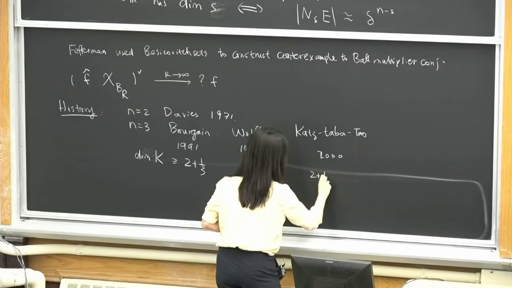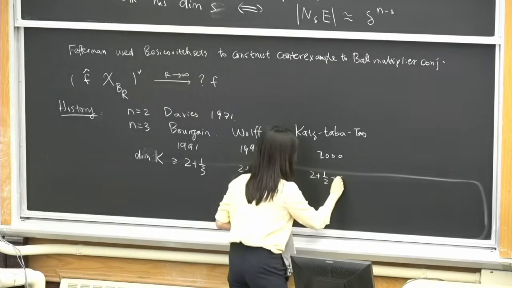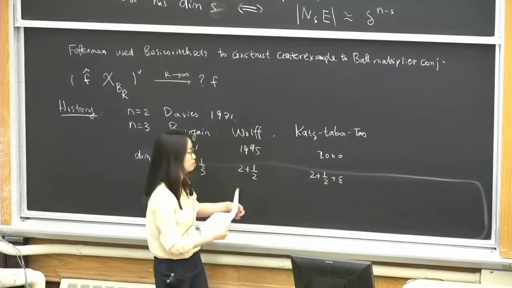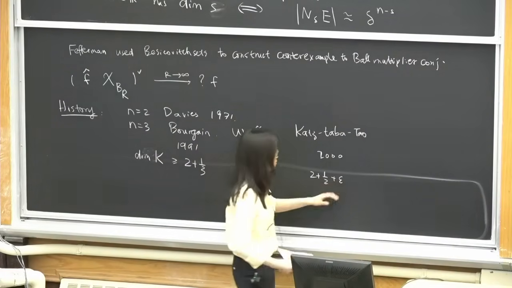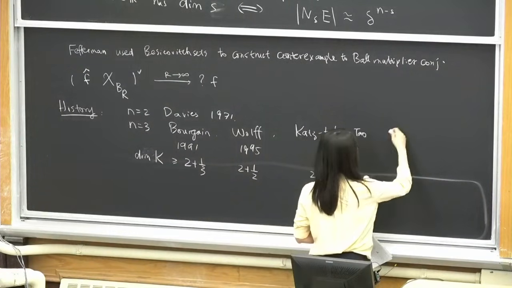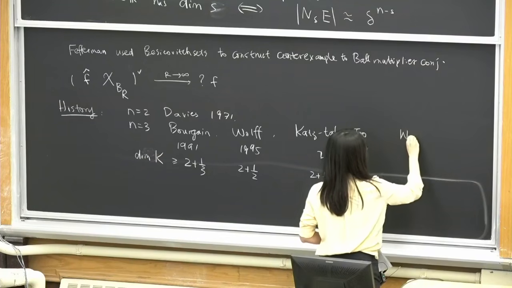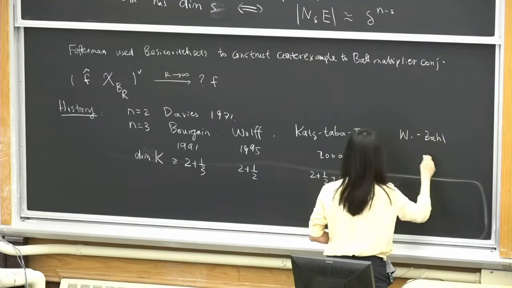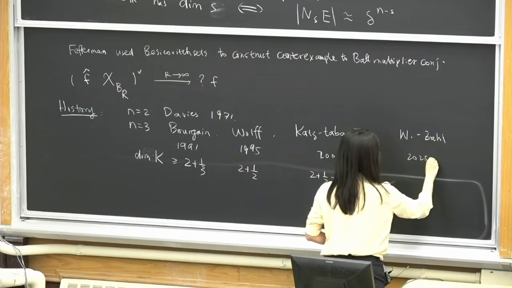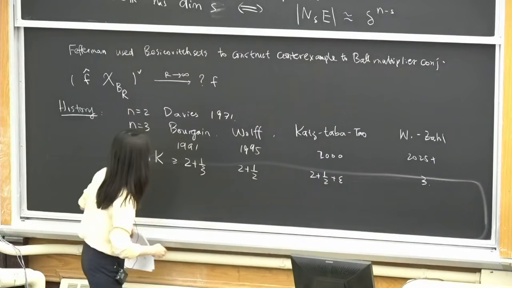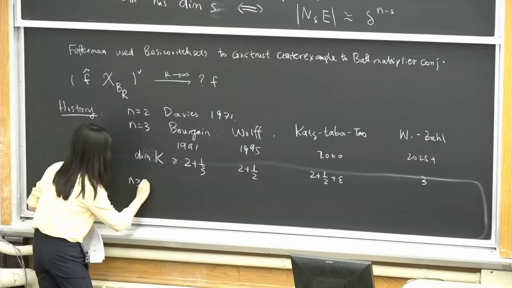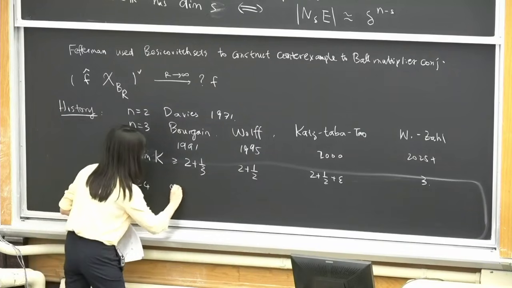They show that there exists some positive epsilon such that the Minkowski dimension of a Kakeya set is greater than or equal to 2 plus 1/2 plus epsilon. And this year, joint with Josh Zahl, we proved that it has Hausdorff dimension 3. And it's still open in dimension greater than or equal to 4.